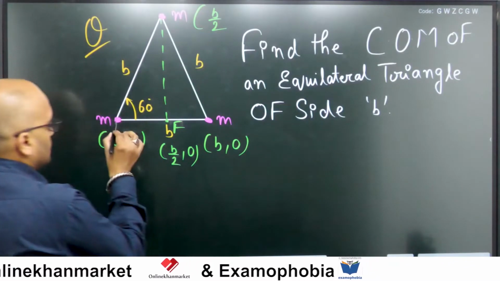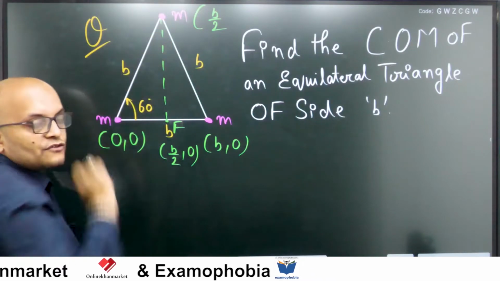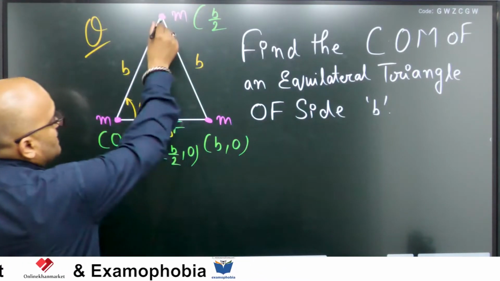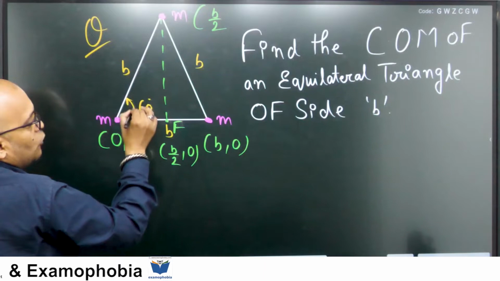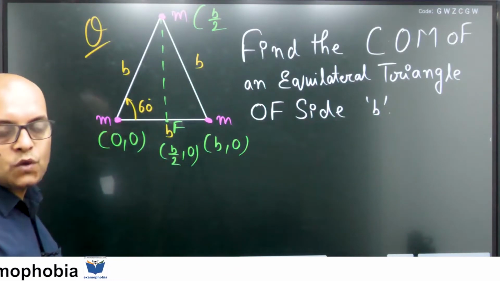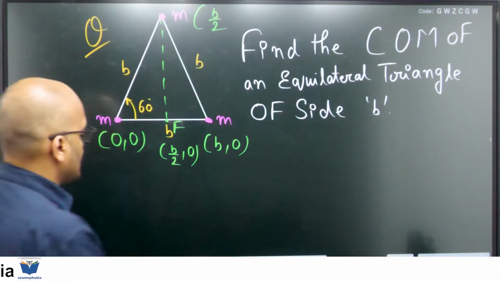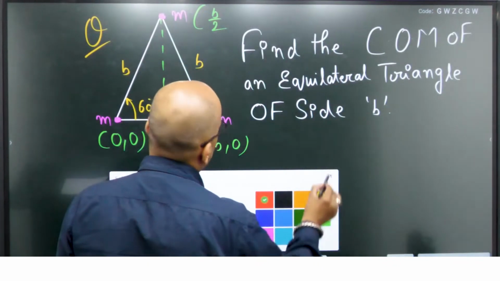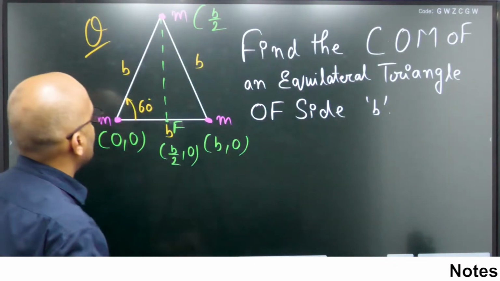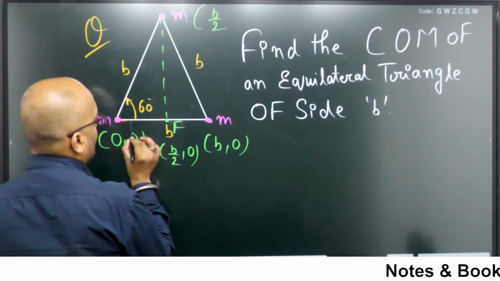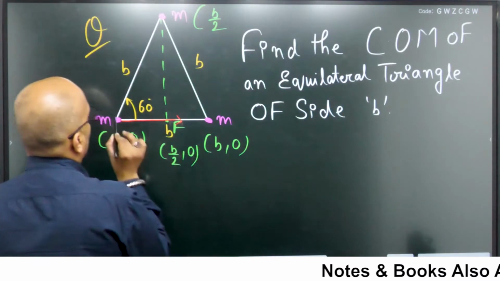See, the side of the triangle is b, and this side b is making an angle of 60 degrees with the horizontal. So I can resolve this side into two components, the x component and the y component.